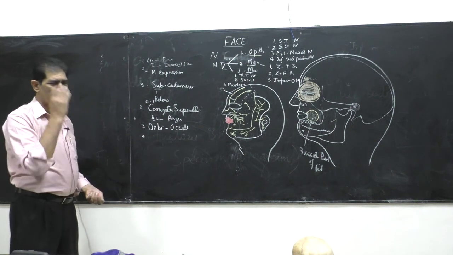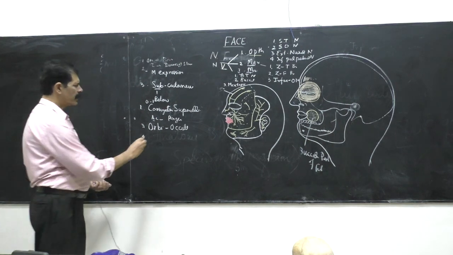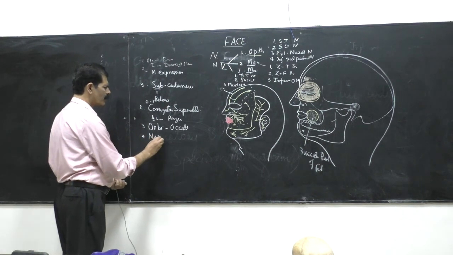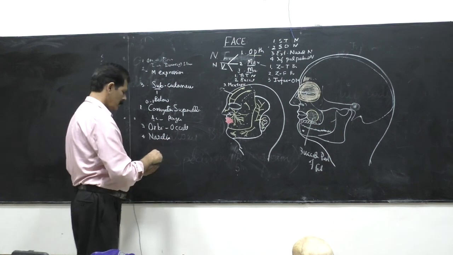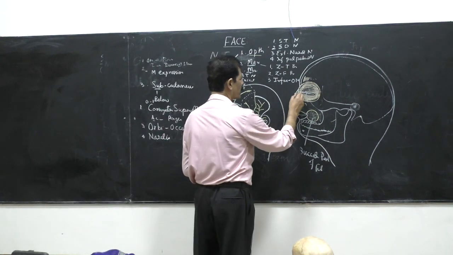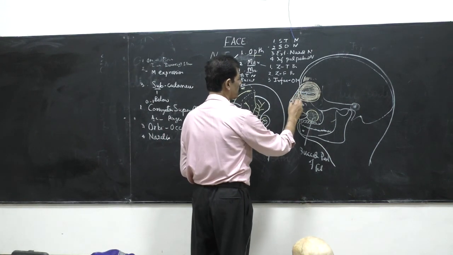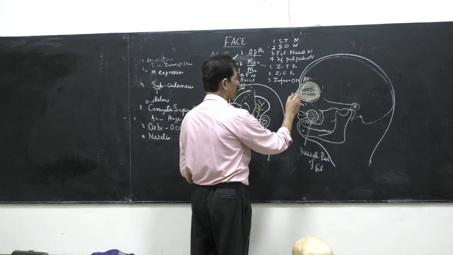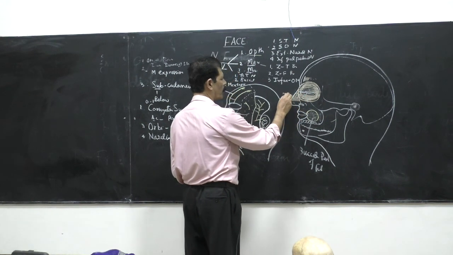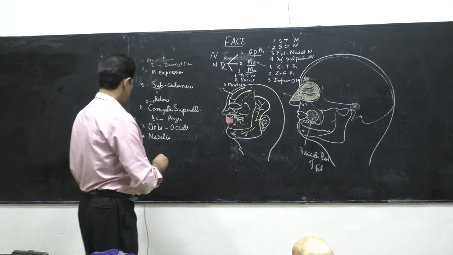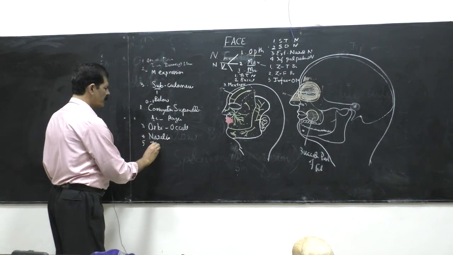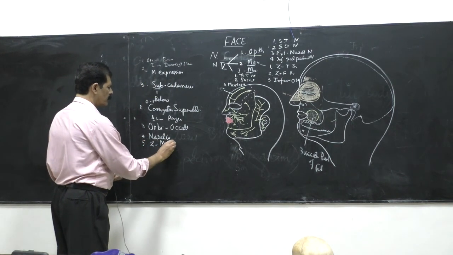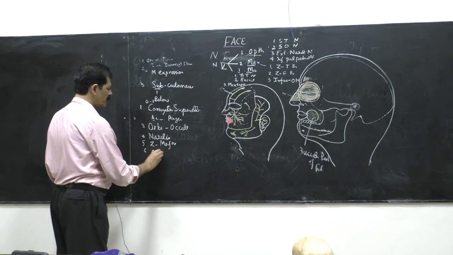The fourth muscle, the muscle of the nose, is called nasalis. It takes origin from the nasal bone and is inserted on the bridge of the nose. Then comes the zygomaticus major muscle, and the zygomaticus minor muscle.